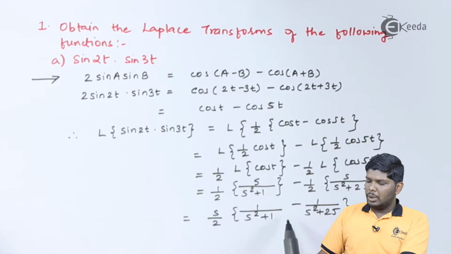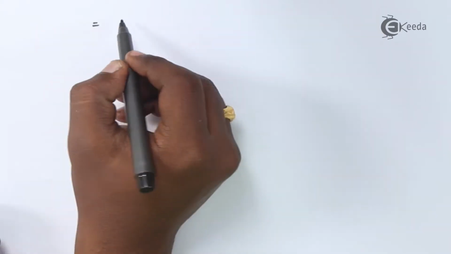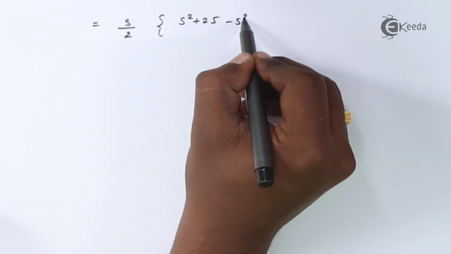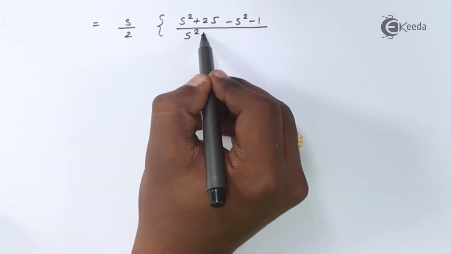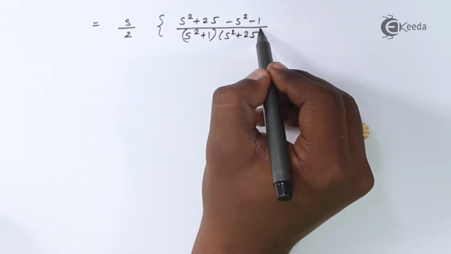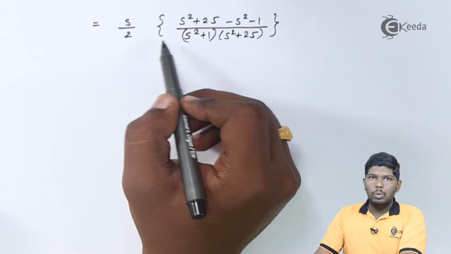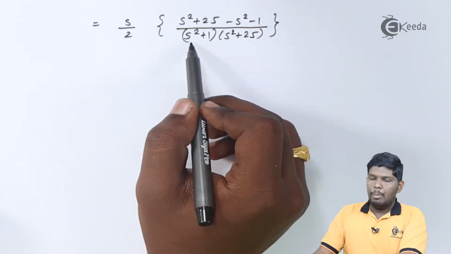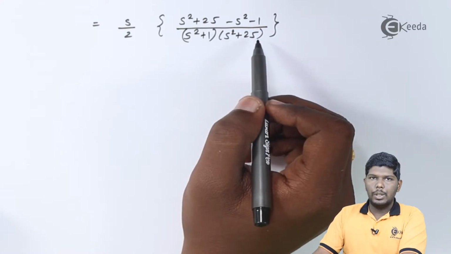So we have 1 upon s square plus 1 minus 1 upon s square plus 25. Further we can solve this using cross multiplication. This will give you s by 2 into s square plus 25 minus s square minus 1 upon s square plus 1 into s square plus 25.